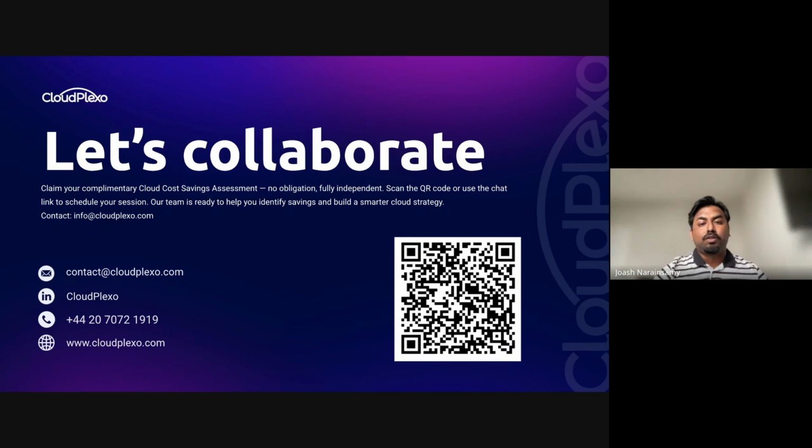So before we close, let me leave you with one final story. We recently worked, just as a proof of concept for everybody on the call, with a large fintech organization that assumed its cloud costs were simply the price of growing so quickly. They were growing so fast that the technology couldn't keep up.